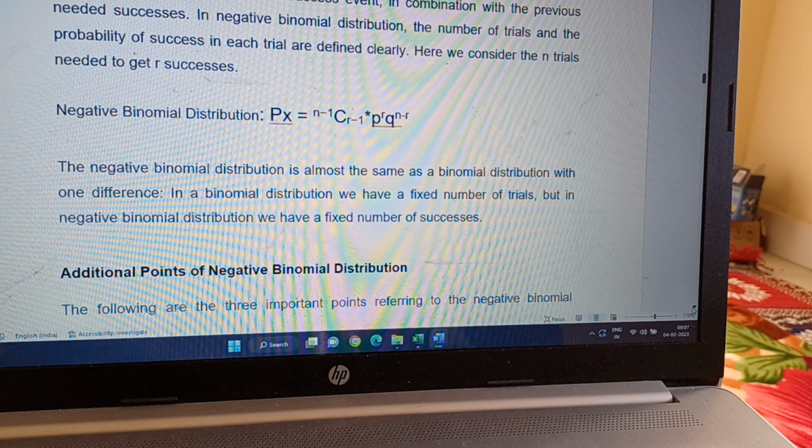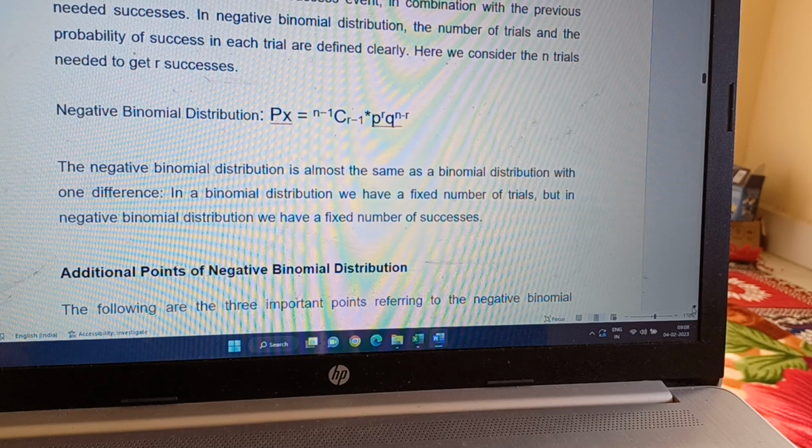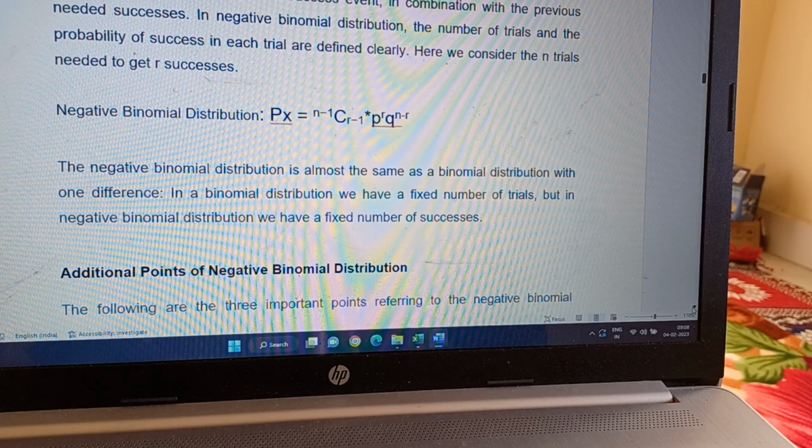The previous needed successes were already 2, or r minus 1. And so the number of trials and the probability of success in each trial are defined clearly. Again, like binomial distribution, n is fixed, p is also fixed. So it means here also the sampling is with replacement.